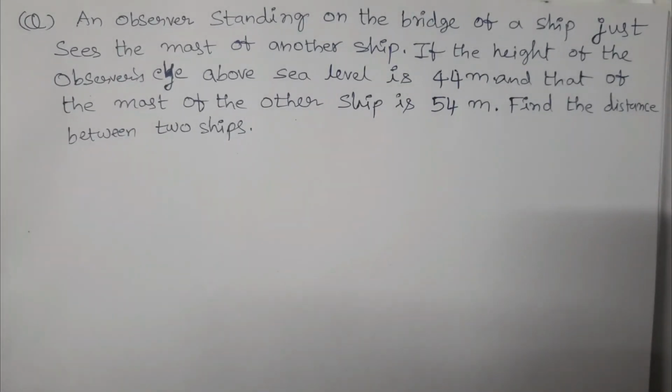An observer standing on the bridge of a ship just sees the mast of another ship. If the height of the observer's eye above sea level is 44 meters and that of mast of the other ship is 54 meters, find the distance between two ships.